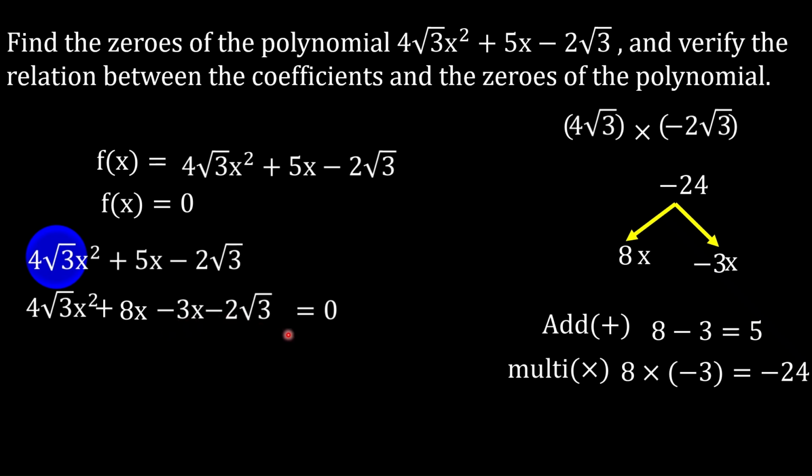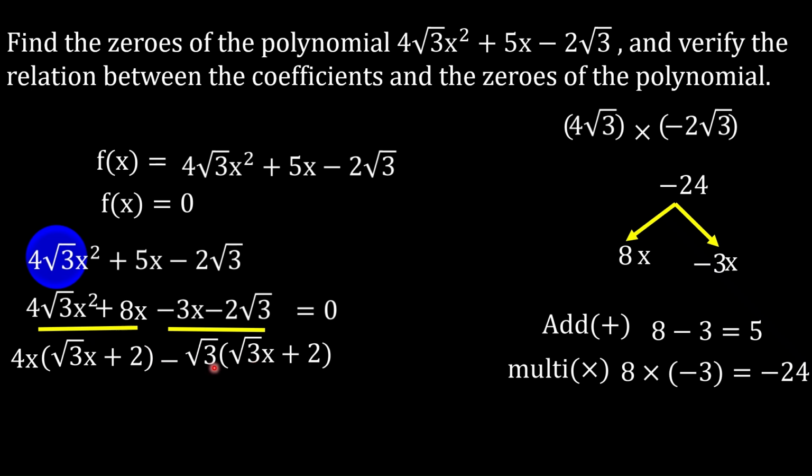Next we group the terms. That is 4 root 3 x square plus 8x minus 3x minus 2 root 3. From the first two terms, we take 4x as common. We get 4x into root 3 x plus 2. From the next two terms, we take minus root 3 as common, so that we get root 3 into root 3 x plus 2.